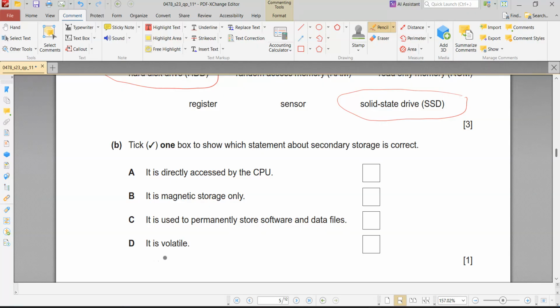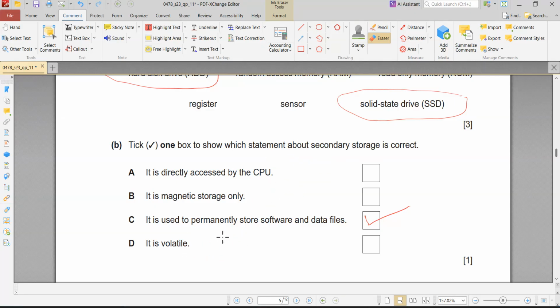D, it is volatile. Volatile is for RAM, and magnetic is not the only type used here. Directly accessed by the CPU is the microprocessor, so our answer must be C. It is used primarily to store software and data files, so this is a statement of a secondary device. My answer will be C.